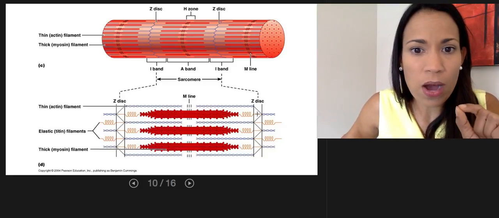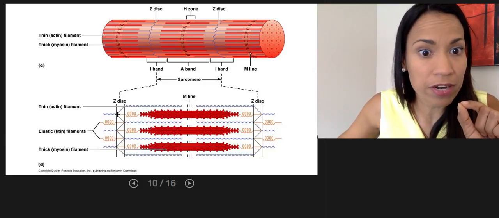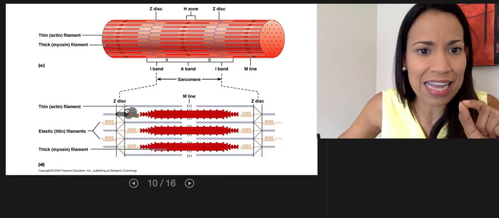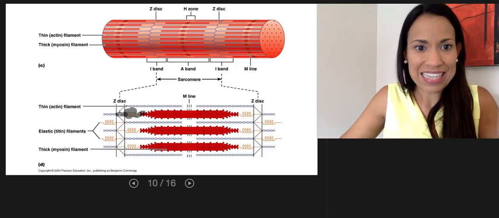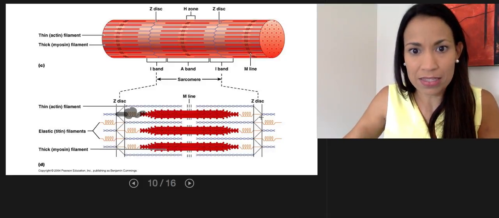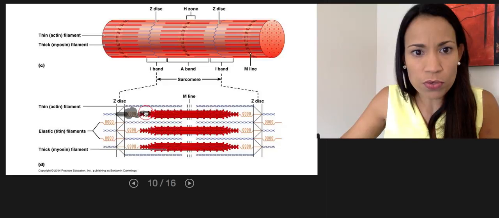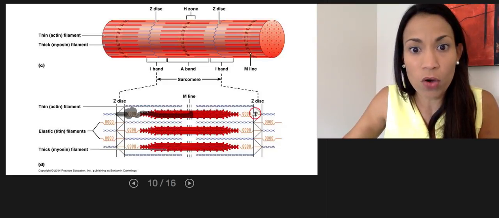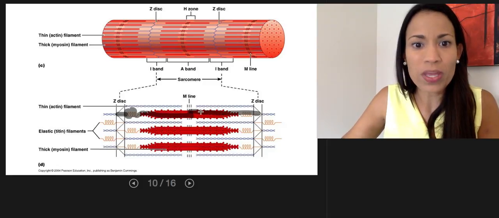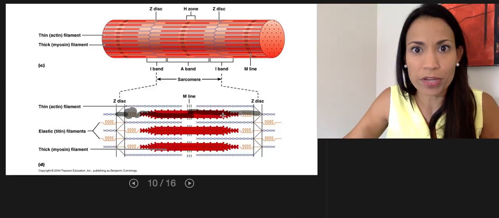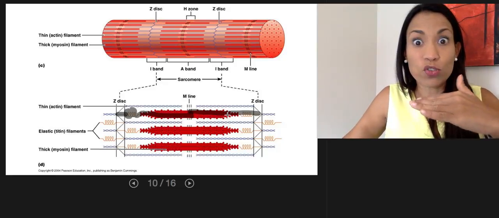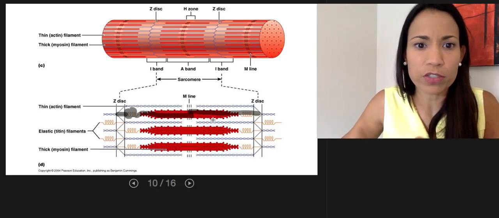Now, there is one very important, huge protein in here called titin. And the titin is a filament that attaches to the Z line, runs through the myosin filament towards the M line on both sides. So it attaches the thick myosin filaments to the sarcomere and gives stability to this structure.